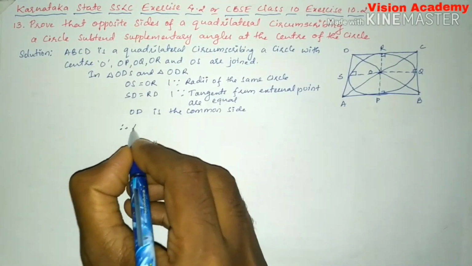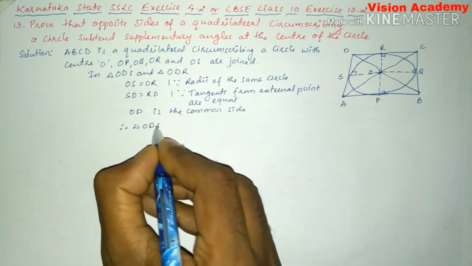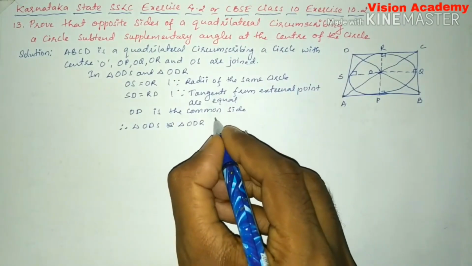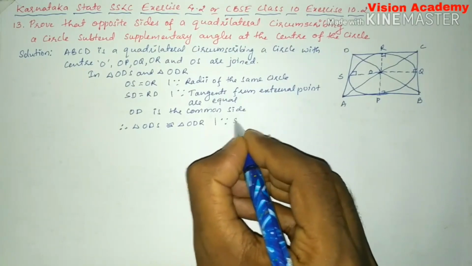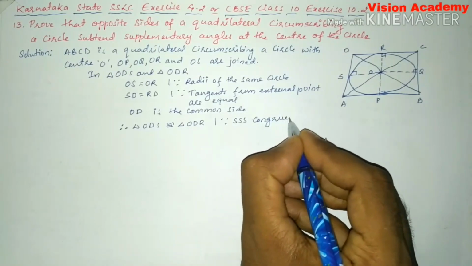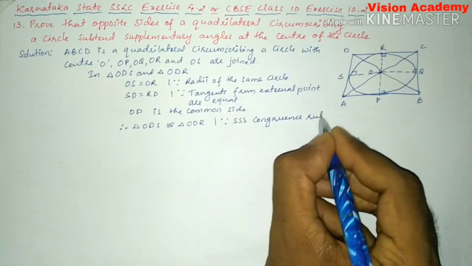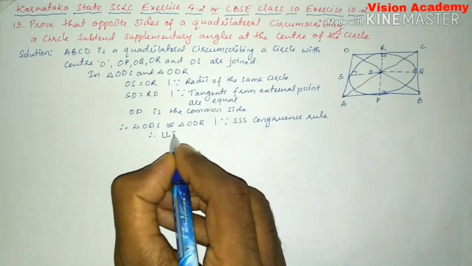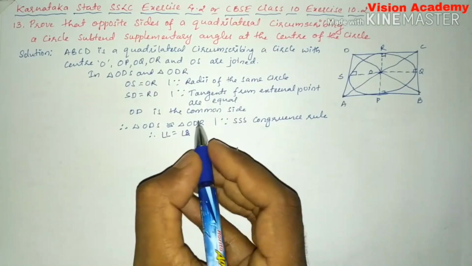Therefore, triangle ODS is congruent to triangle ODR because of SSS congruence rule. Now we will write therefore angle 1 is equal to angle 8.